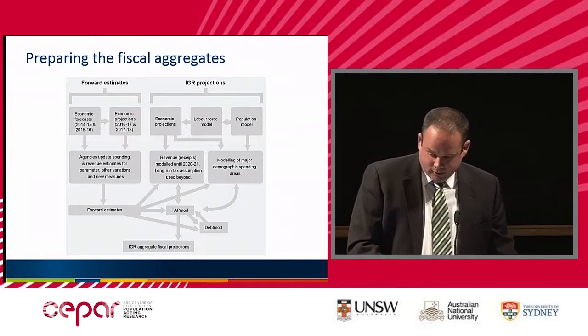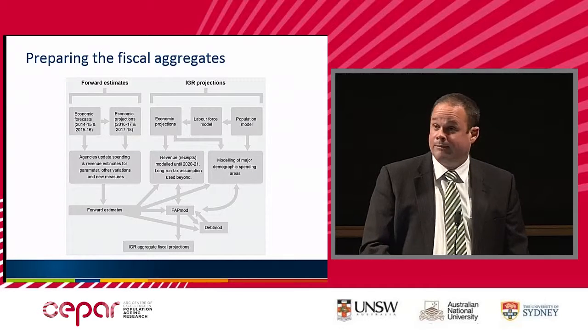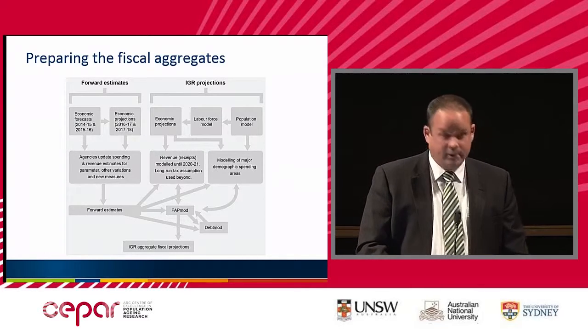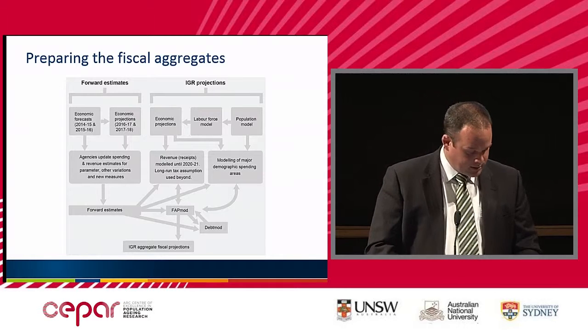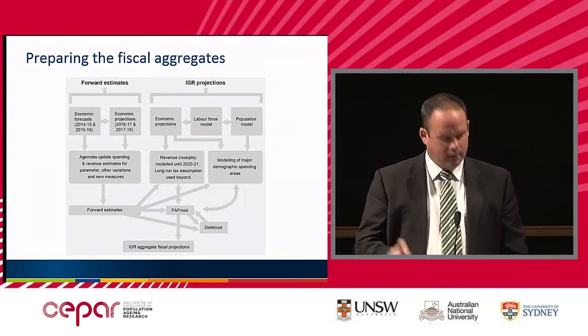So all of these parameters then feed through into the spending models across health, aged care, income support payments, education and training, the National Disability Insurance Scheme, and the Commonwealth Defined Benefit Super Scheme. They're the main areas of spending that we're modelling closely.